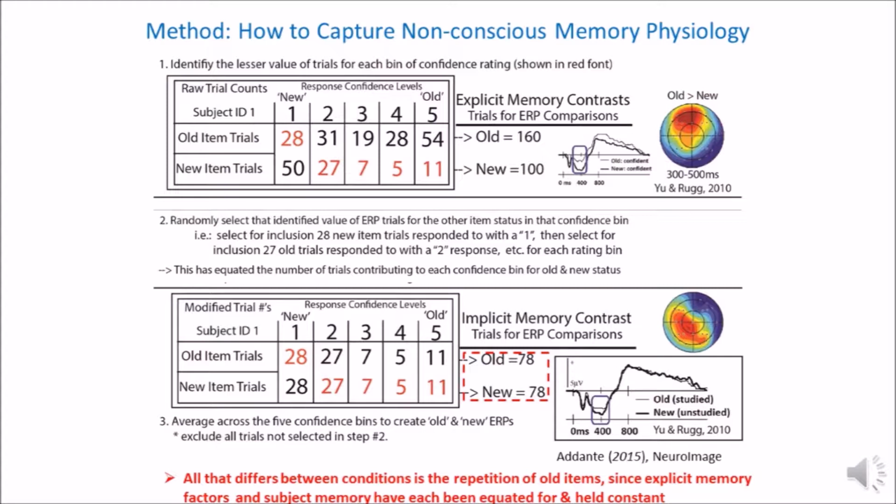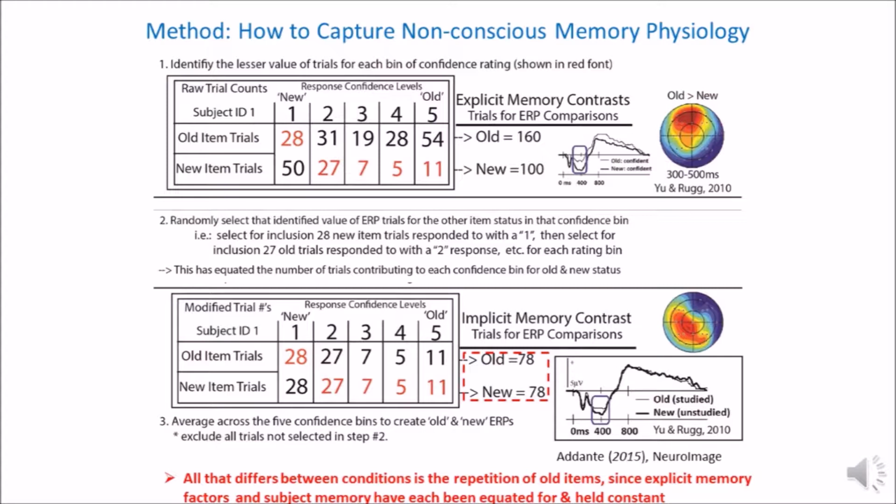The way that you do that is pretty interesting. You want this and this to be exactly equivalent for their conscious reports. And the way that you can do that is make sure that the confidence bins going into this are equivalent as well. So what you do is you identify the least amount of trials. So in this case, 7 is less than 19. 5 is less than 28.